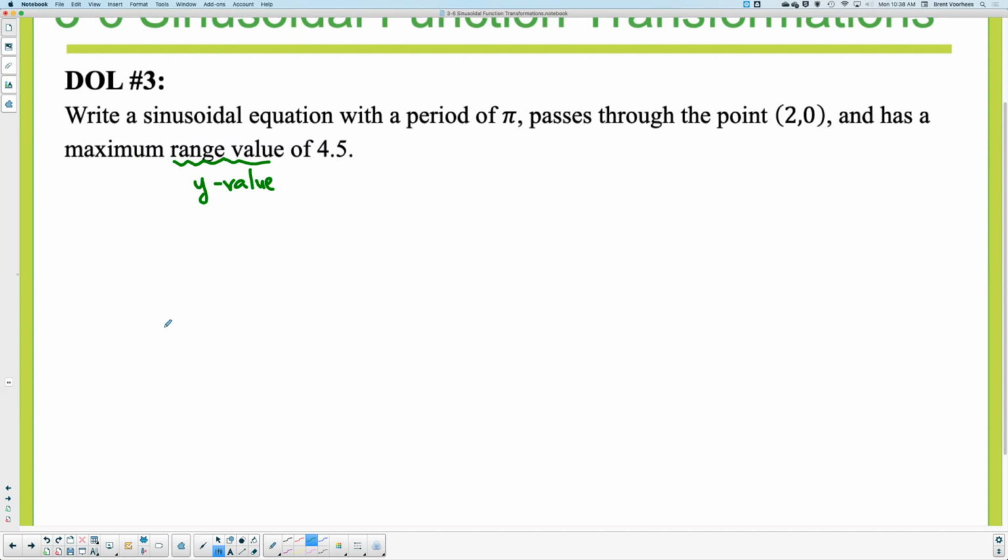Everything you need is in there. I don't use the term phase shift, but it's in there. Hint, hint. Amplitude's in there. Phase shift is in there. I don't tell you midline, so just assume the midline is at 0.